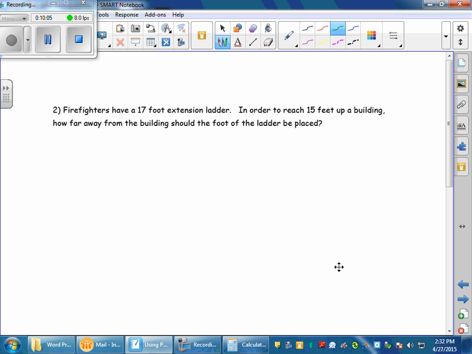Firefighters have a 17-foot extension ladder. In order to reach 15 feet up a building, how far away from the building should the foot of the ladder be placed? So let's draw this picture. We have a building. We want a ladder to go up on this building.